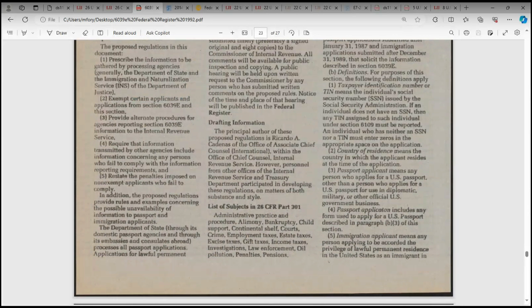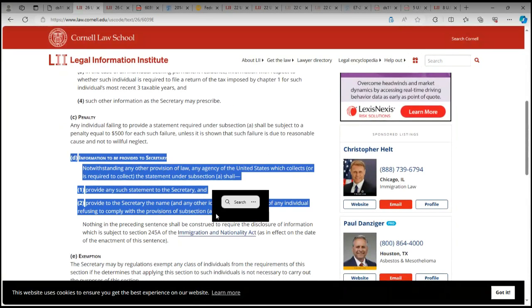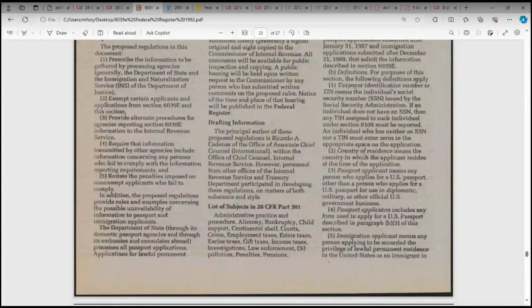So these are the same things that they stated earlier on, for those agencies to report back to the Secretary of State for refusing to comply or whatever else. Number 5, restate the penalties imposed on non-exempt applicants who fail to comply.